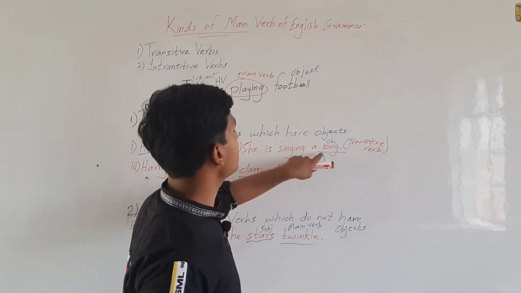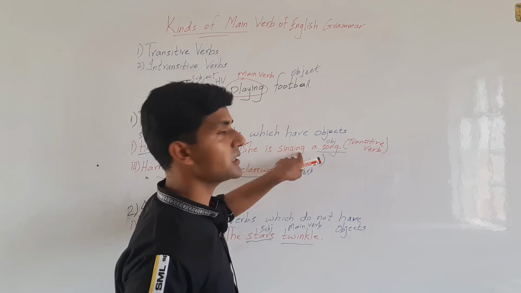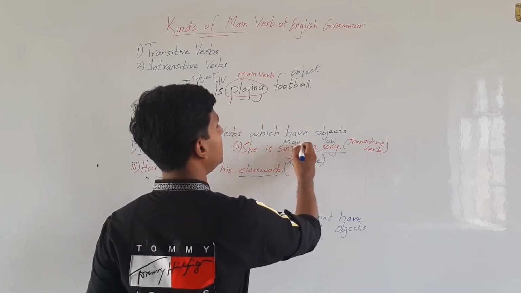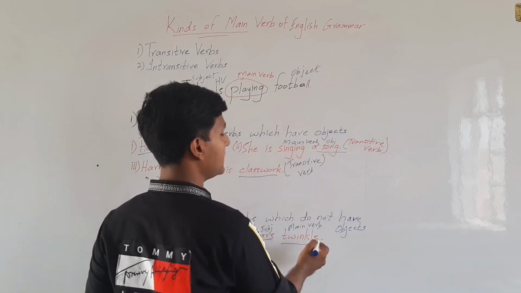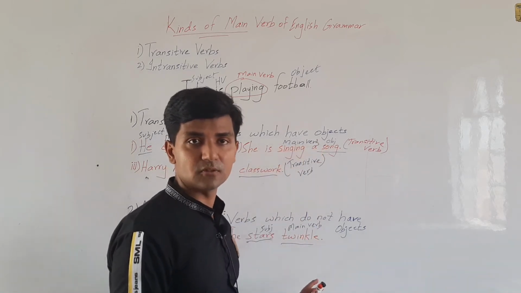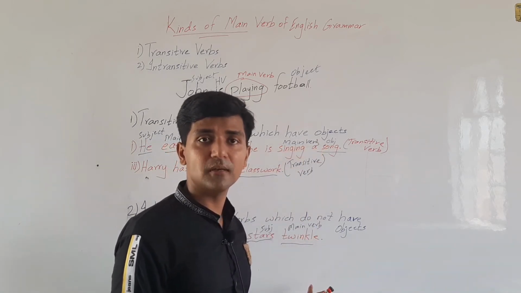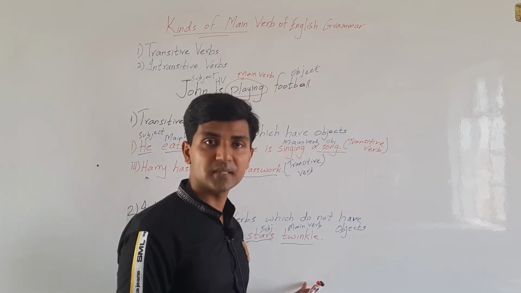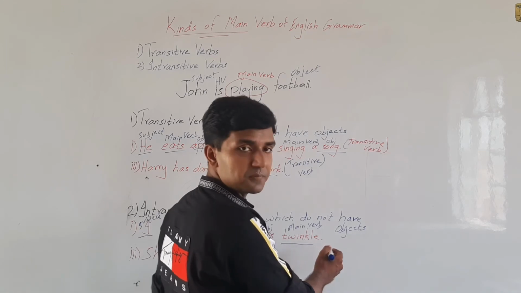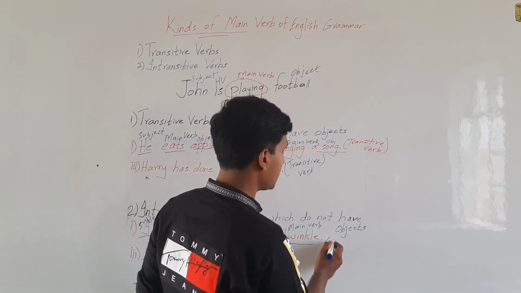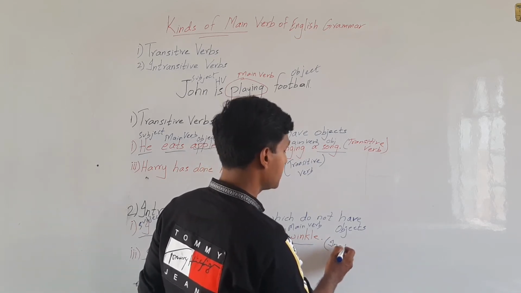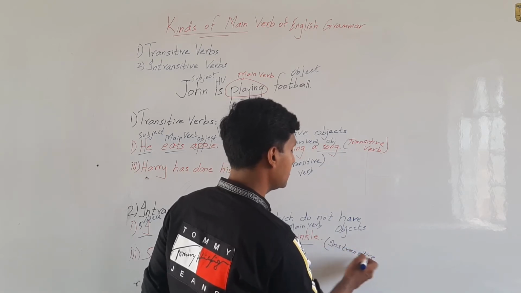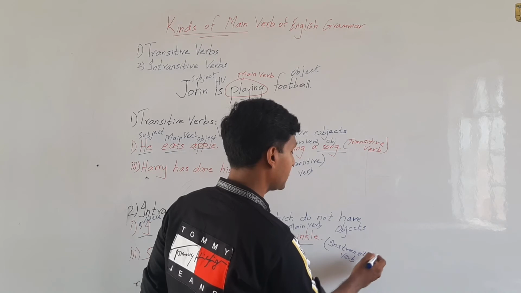Like here song is the object after the main verb singing, but in this sentence there is an absence of object. According to the definition, intransitive verbs are those verbs which do not possess objects. So it is an intransitive verb.